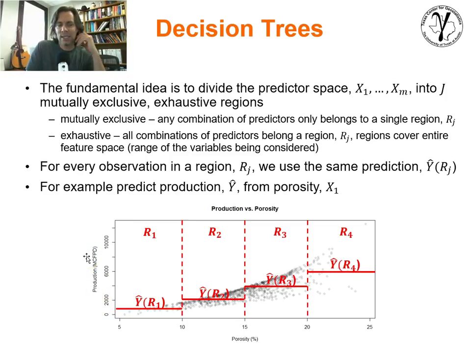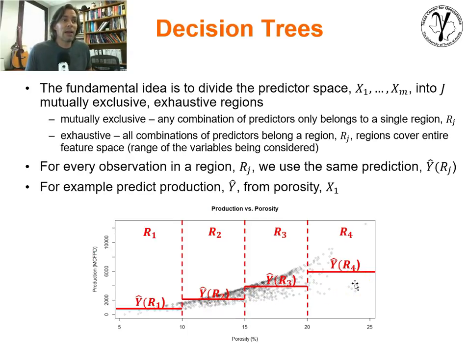For this example, we would segment this feature space up into 4 regions. Now, I drew them as all kind of equally spaced. They don't have to be, but they're just 4 mutually exclusive, exhaustive regions. Within each one of the regions, we will estimate production as simply being the average of all of the production values within each one of these regions.